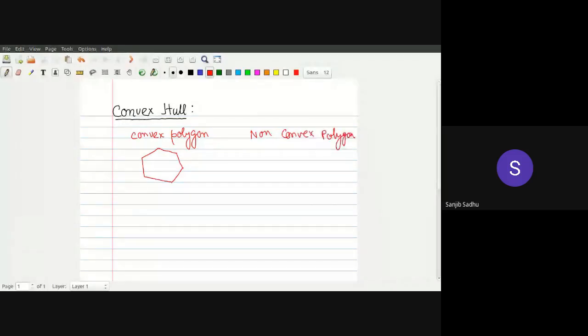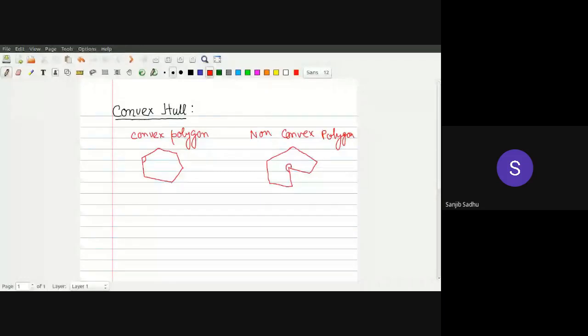It may be like this. One example, there are so many examples. Now here all the internal angles are less than or equal to 180 degrees, so this is a convex polygon. But here you see this is greater than 180 degrees. So this is one definition.